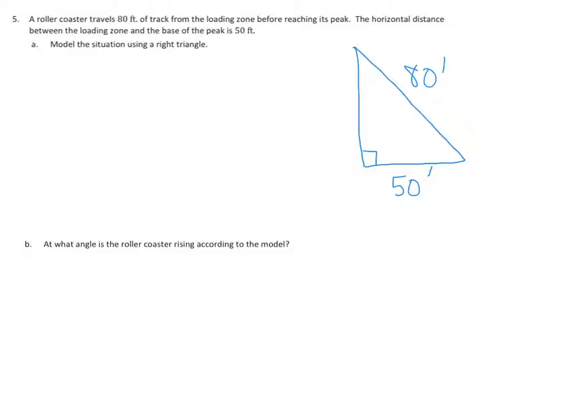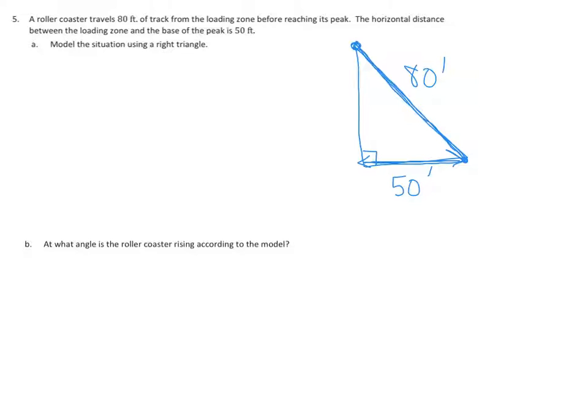That's tough. So the roller coaster travels 80 feet along the track before reaching its peak. Okay, so it's going up 80 feet before it reaches its peak. The horizontal distance between the loading zone and the base of the peak is 50.